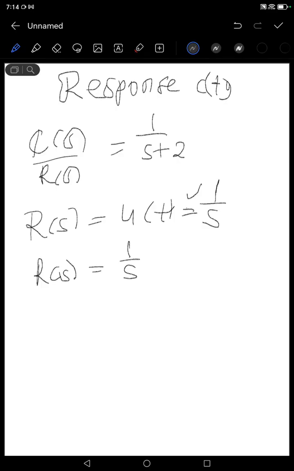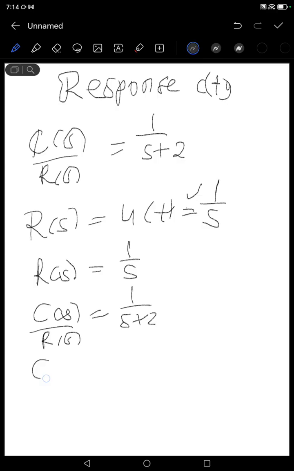So here we know that C(s) over R(s) is equal to 1 over s plus 2. And now we are given that r(t) is equal to u(t), and the u(t), when we check from the Laplace table, we see, okay, the u(t) is equal to 1 over s.